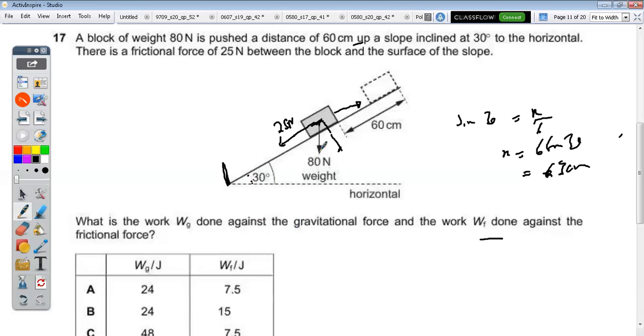But it's obvious if we bring this line straight like this, 90 degrees, so that is 60 degrees. Then this angle is 30 degrees here. So that we do 80 cos 30 to bring it in the horizontal.